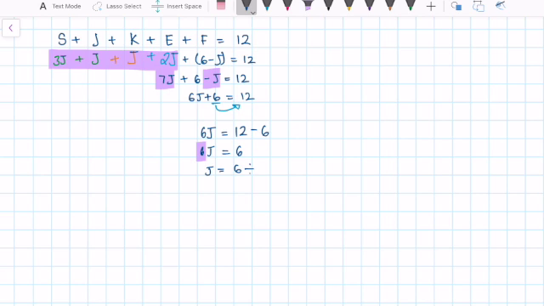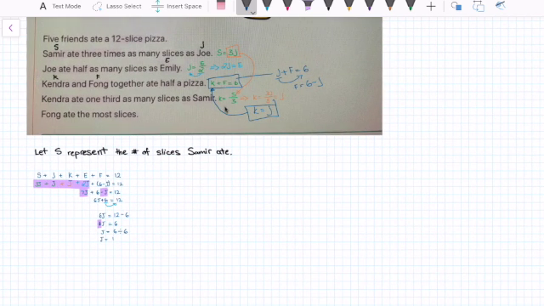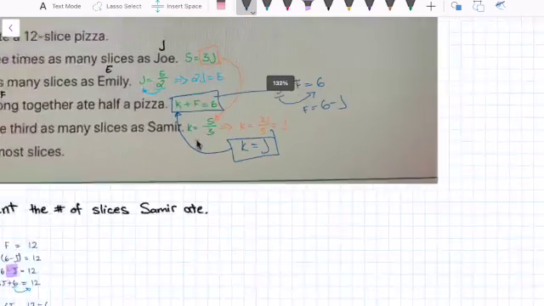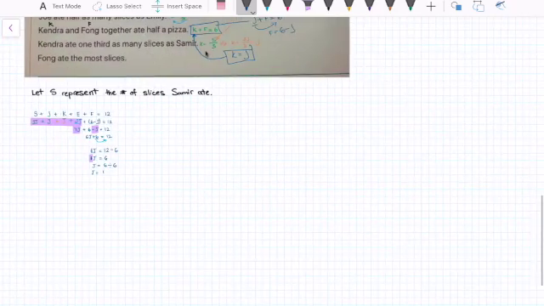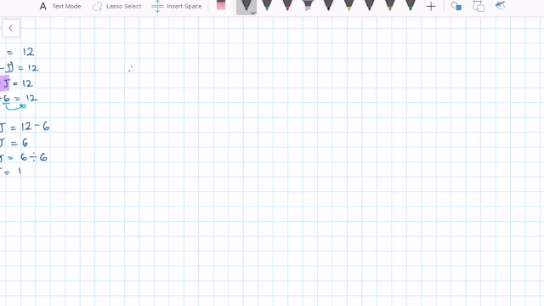So it's going to be 6 divided by 6, making it look something like this. So now we know how many slices Joe ate, and all we have to do is just plug in the value into each one of the equations. So we could first state our therefore statement as, therefore, Joe ate 1 slice.